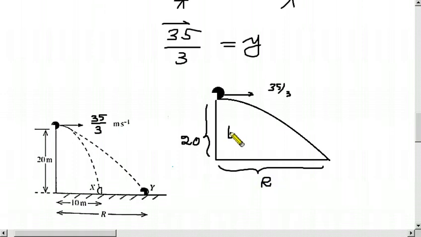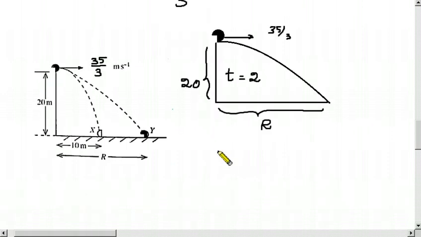Time is same because this distance is the same, so time is 2 seconds. The time changes only if this height changes, otherwise it doesn't change. So therefore we can calculate to this side, this direction.